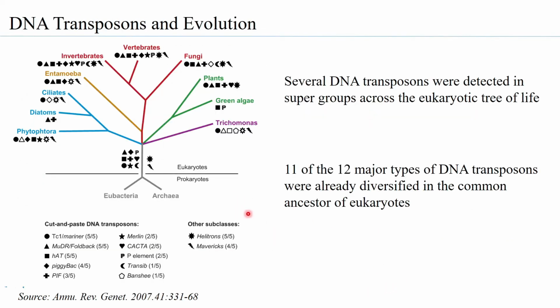Now, DNA transposons have been found to have a role to play in evolution for the simple reason that the DNA elements can actually cut themselves out from a part of the genome and integrate in another part of the genome. So when that happens, it can lead to loss of function or gain of function, or it can regulate gene expression differently once it has been transferred from one point to another point.